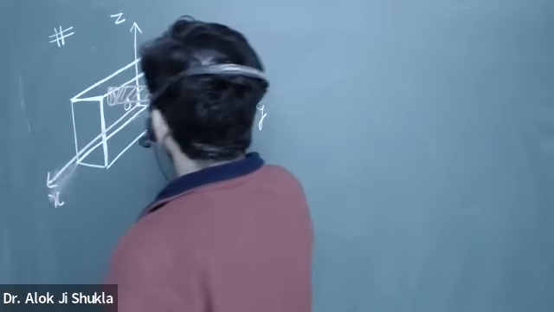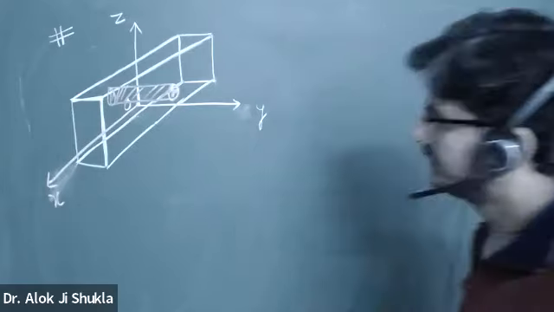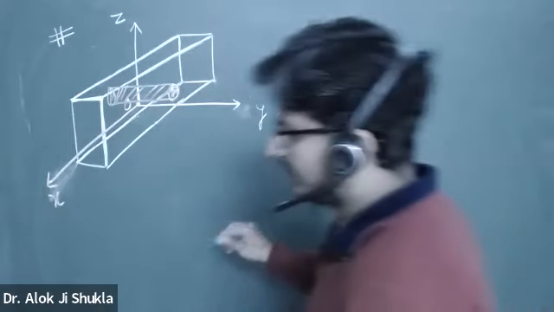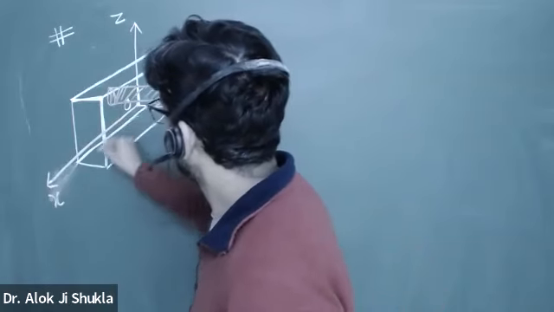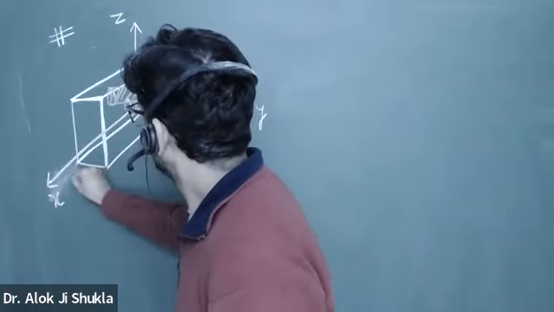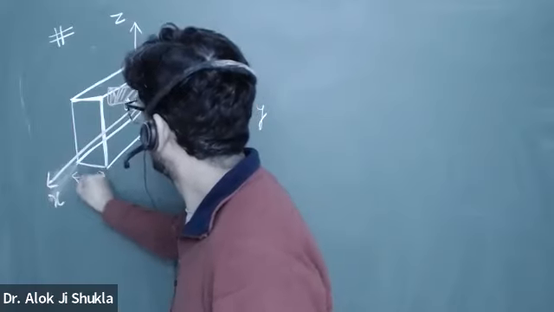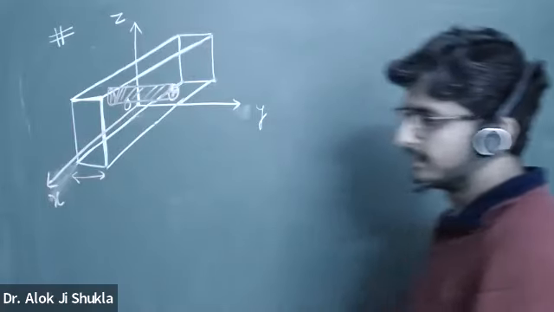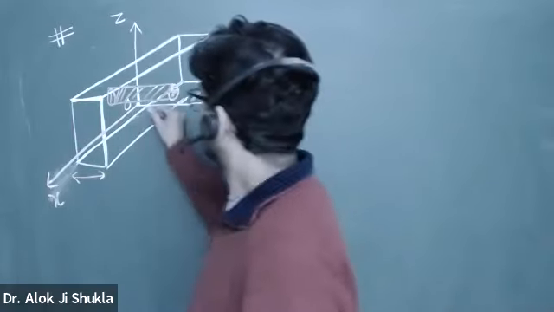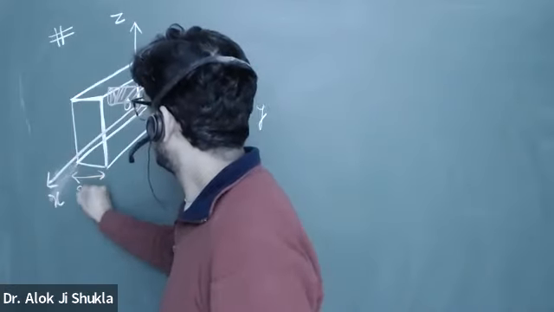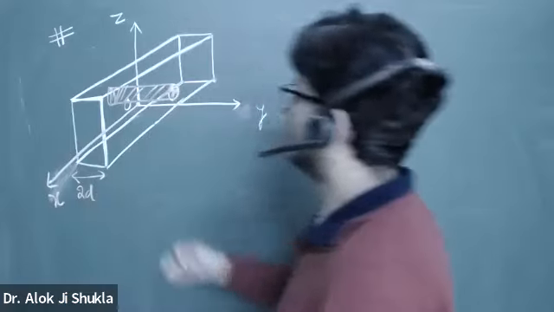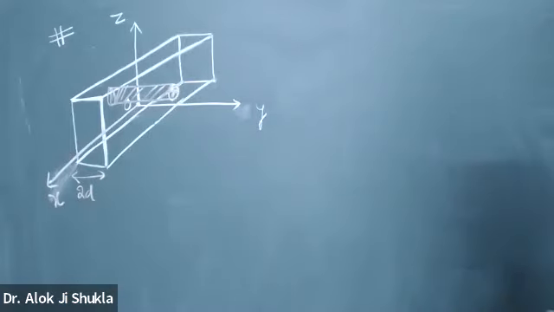Are you able to understand that a small part of this cylinder will be inside the slab? How much part? Tell me. How much? 2D. So 0 is at the center and 2D is the thickness. So D part is like this.